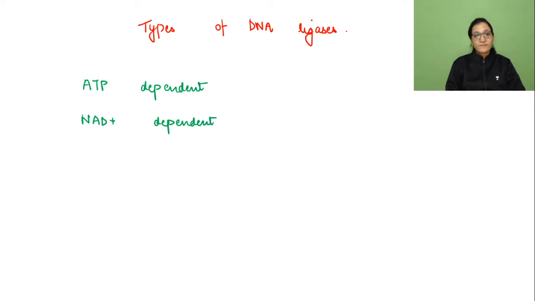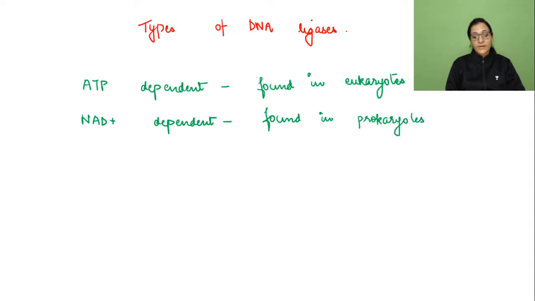These two are the families of DNA ligases. If we are saying ATP dependent, then they are found in eukaryotes, and NAD dependent, they are found in prokaryotes. So these are the two families.